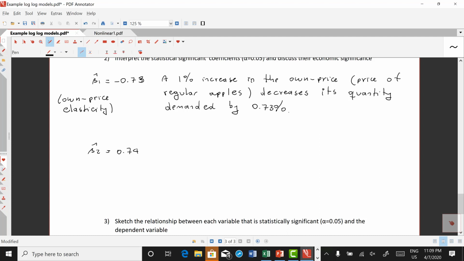Okay, so the coefficient for beta 2 is also an elasticity.